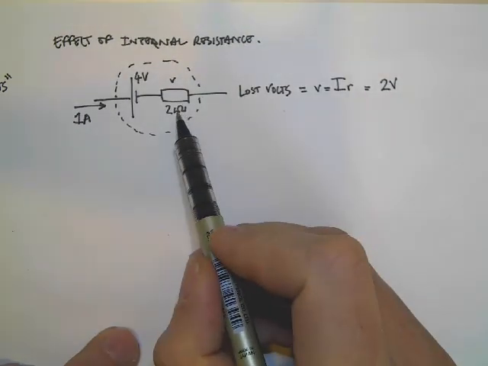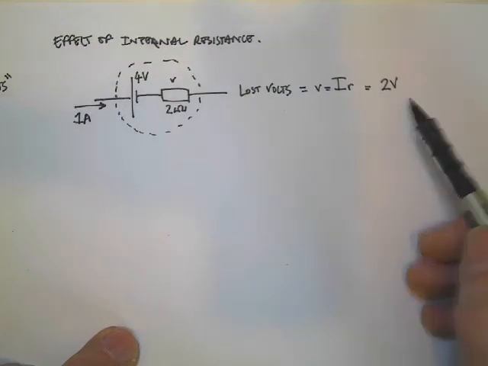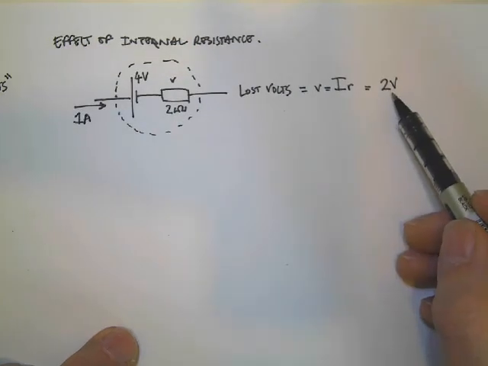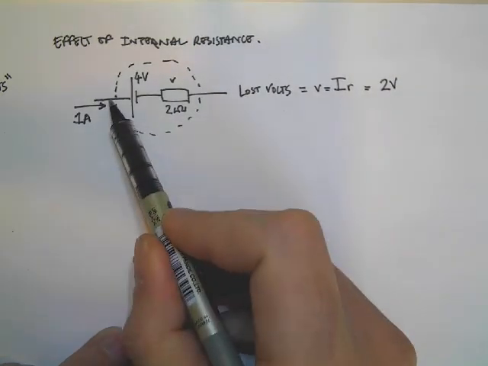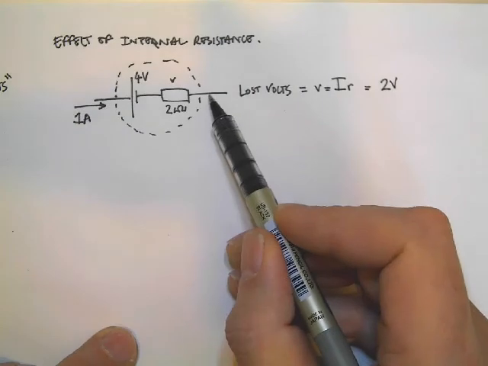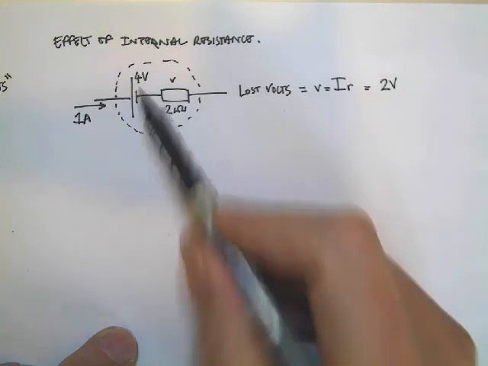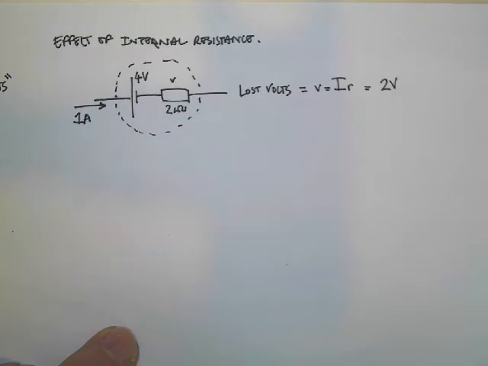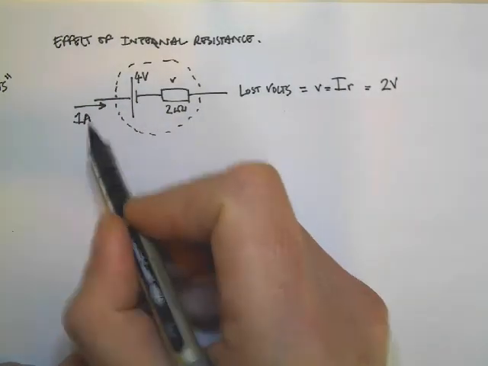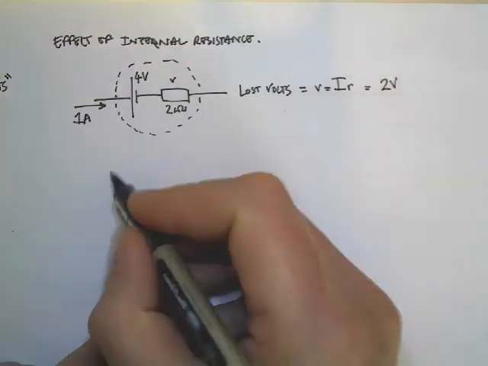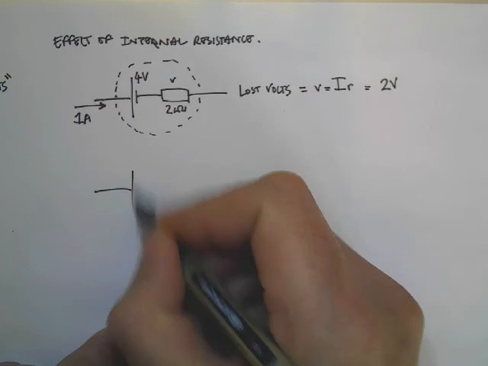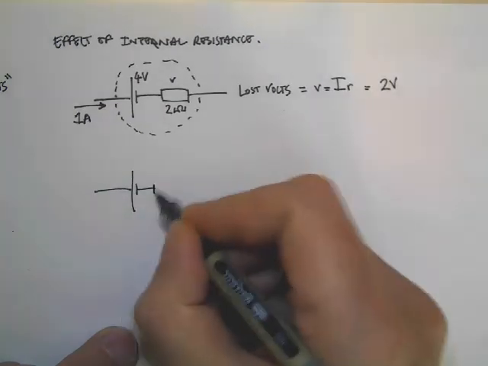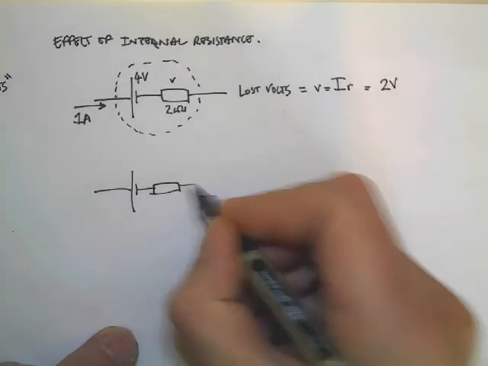So in this circuit, with 1 amp flowing and a 2 ohm internal resistance, the number of lost volts is 2 volts. So if you put a voltmeter across this cell, it wouldn't read 4 volts, it would read 2 volts. 2 volts lost.